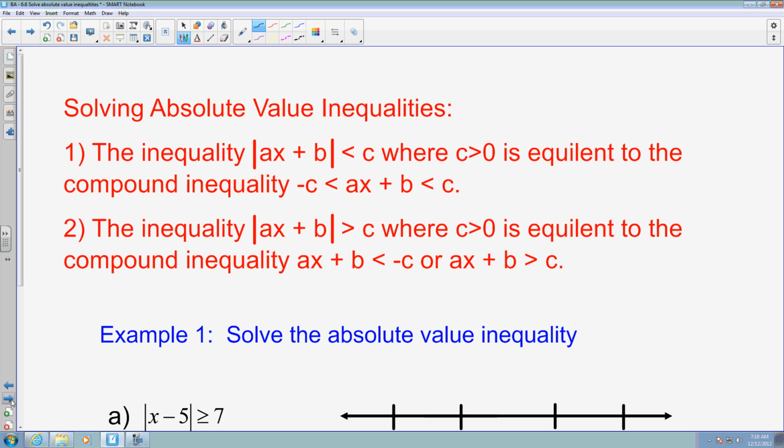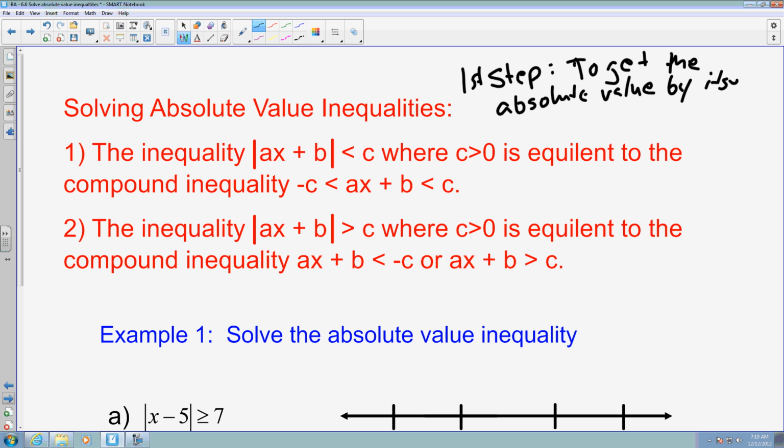So first off, when you're solving for absolute value inequalities, the first step is to get the absolute value by itself, meaning that just having the absolute value on one side of the inequality is essential in order to solve it.